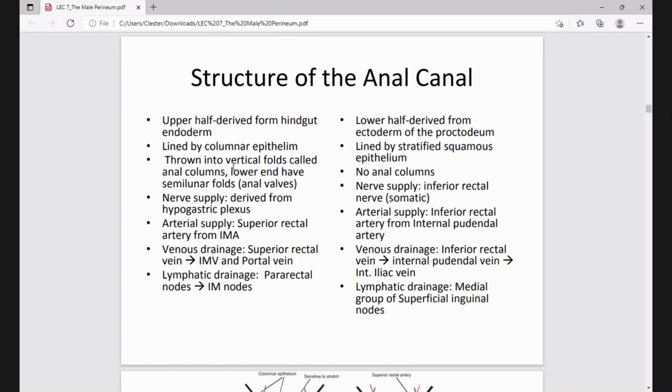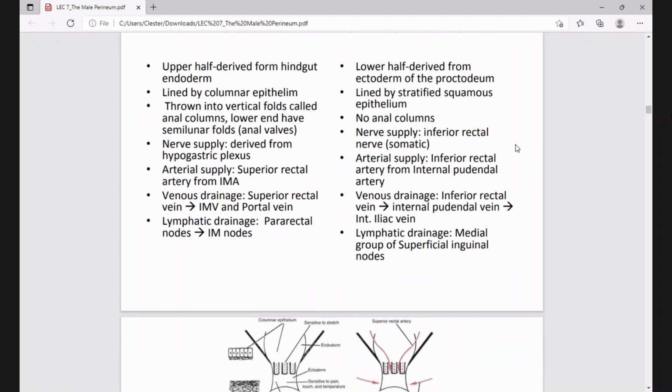In the upper half, you see vertical folds in the anal canal, known as the anal columns, while you do not see anal columns in the lower half. The innervation of the lower half is more somatic, because it is innervated by the inferior rectal branch of the pudendal nerve.